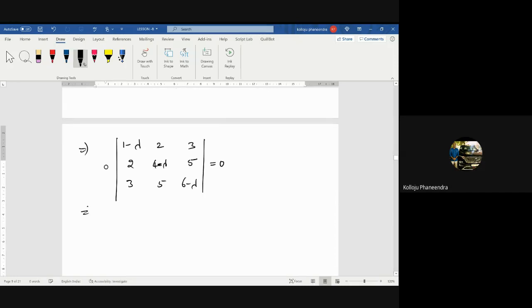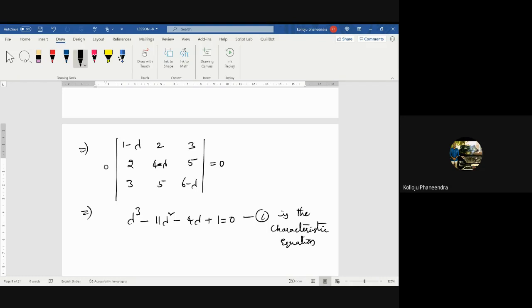If I expand this, I get lambda cube minus 11 lambda square minus 4 lambda plus 1 equal to 0. This is the characteristic equation, after expanding this determinant.